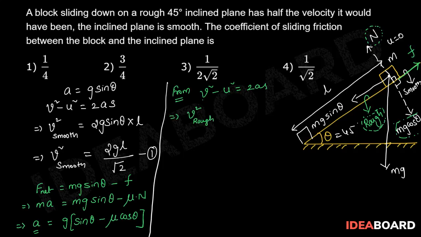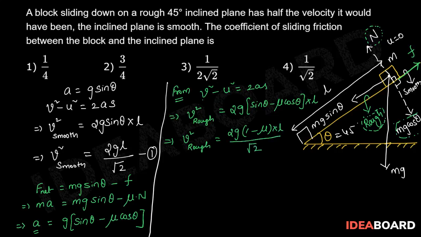As it started to slide down, u is 0, so it is equal to 2 times g sin theta minus mu cos theta multiplied by L. Since theta is given as 45 degrees, v square rough will be equal to 2g times 1 minus mu multiplied by L whole divided by root 2. Let this be the second equation.